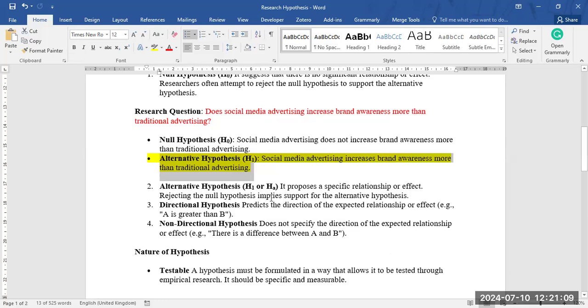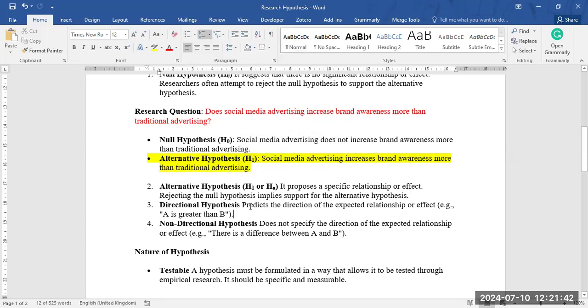That's why alternative hypotheses are always mentioned as H1 or HA. It proposes a specific relationship or effect. So rejecting the null hypothesis implies support for the alternative hypothesis. In this case, social media advertising increases brand awareness more than traditional advertising. That means we accept the alternative hypothesis and we reject the null hypothesis, right?